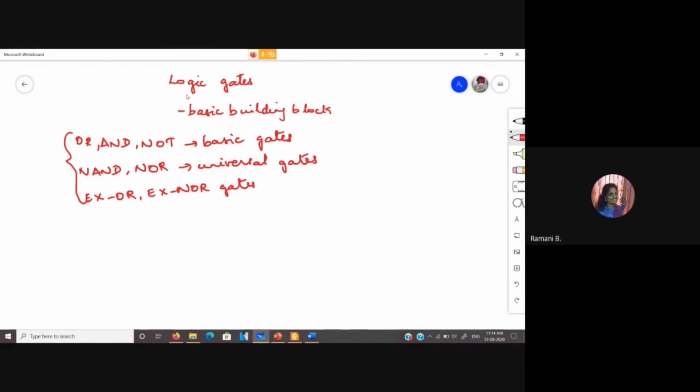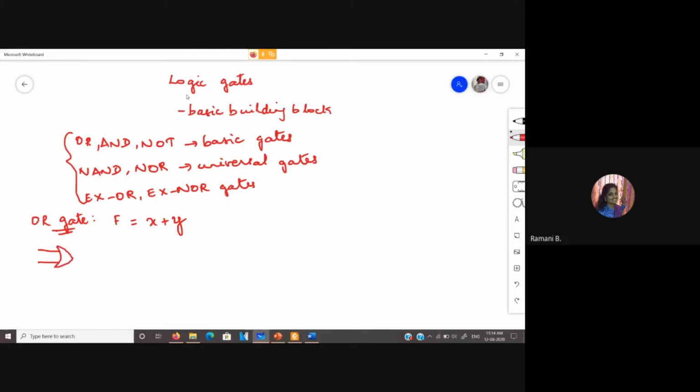First one is the OR gate. We give the expression for this as: if you are going to perform the OR operation with respect to two variables X and Y, the output is defined as F is equal to X plus Y. The symbol for this particular gate is like this.